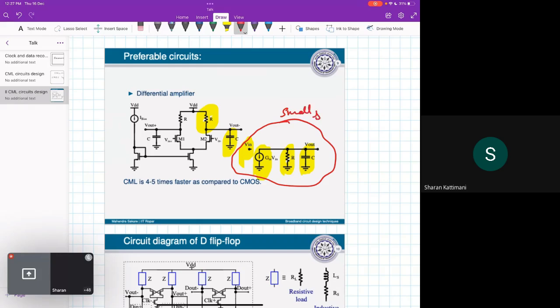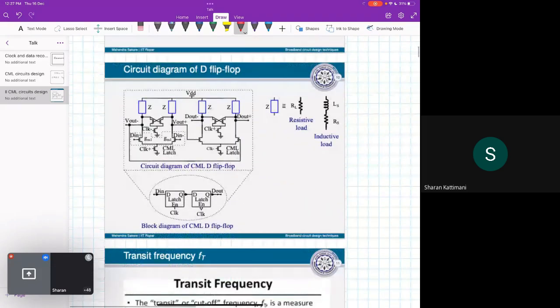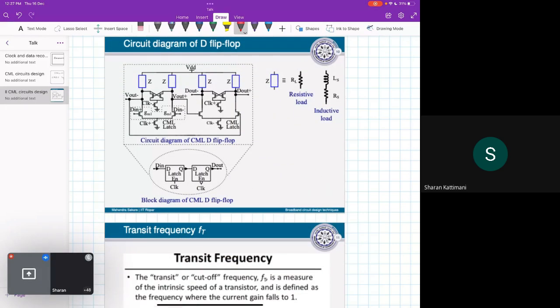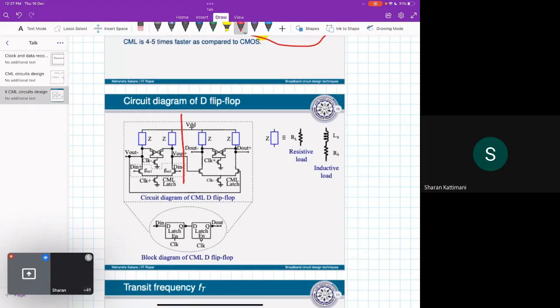Now in the D flip-flop, if we want to further improve, this is the D flip-flop. Here you can see this is the master, this is the differential amplifier, this is the positive feedback, this is the master latch, and this is the slave latch.